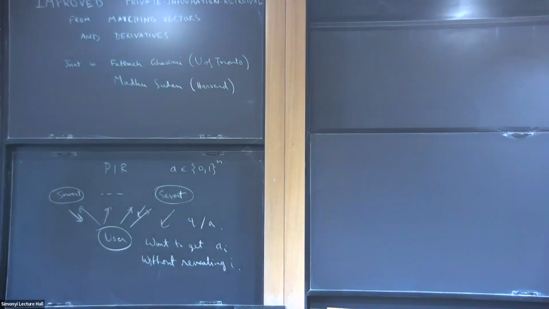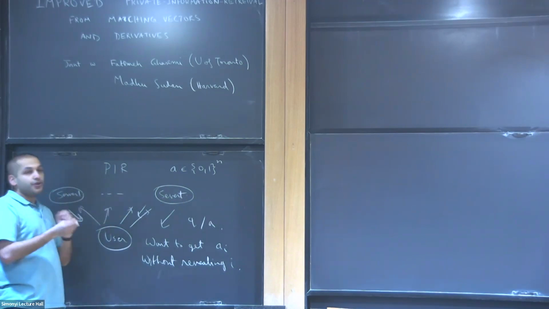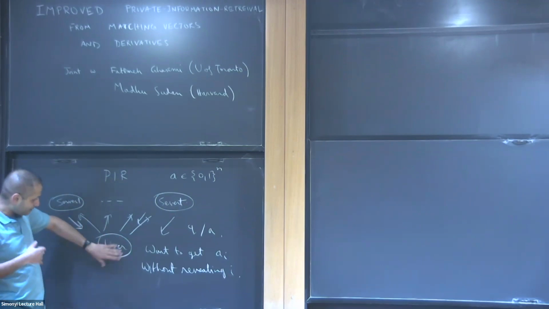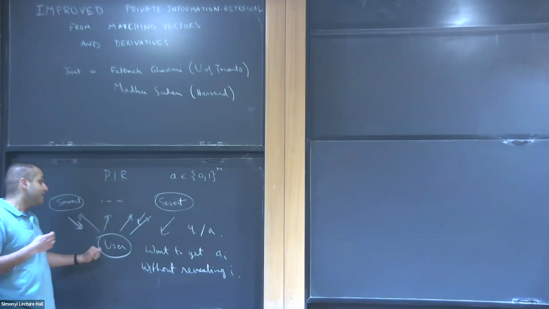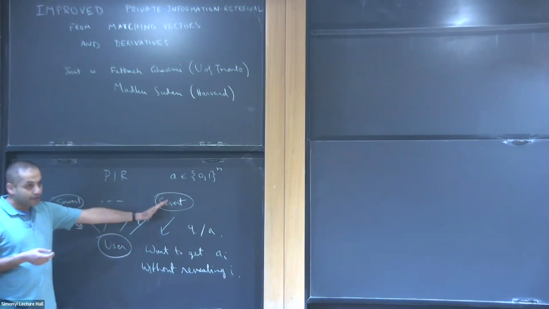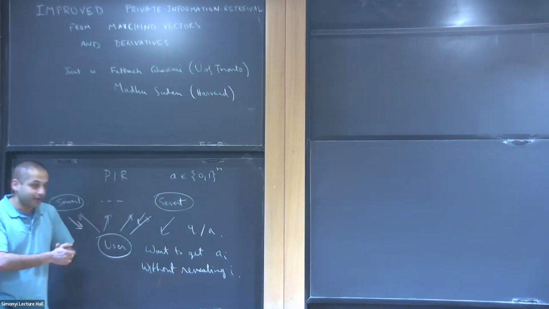What does not revealing i mean? What the server sees should not reveal any information about what i is. So this will inevitably be a randomized protocol where the user samples the question from some distribution, and the distribution from which the question comes will not depend on i. It will be the same distribution no matter what.